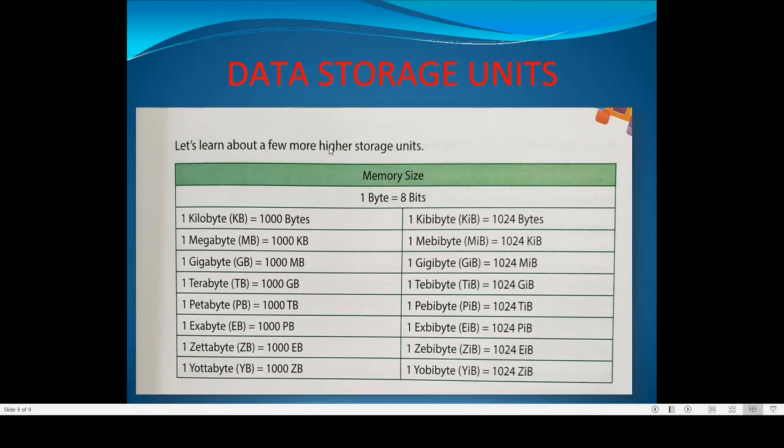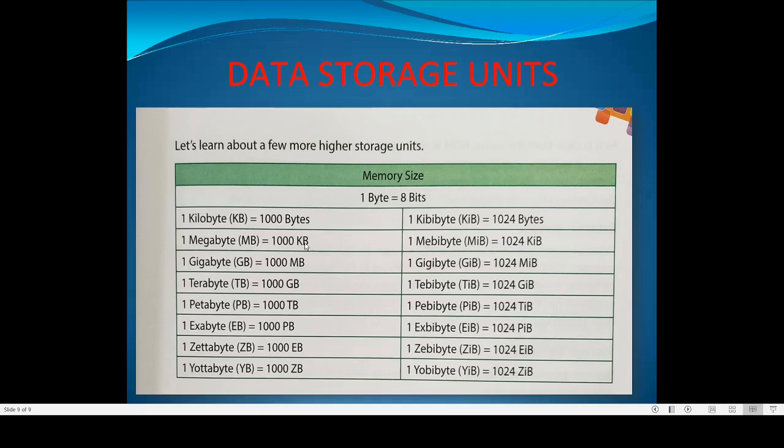These are data storage units. You follow this table. It is also given in your book. Let us learn about few more higher storage units. Memory size. 1 byte is equal to 8 bits. 1 kilobyte is equal to 1000 bytes. Here 1 KB is equal to 1024 bytes.